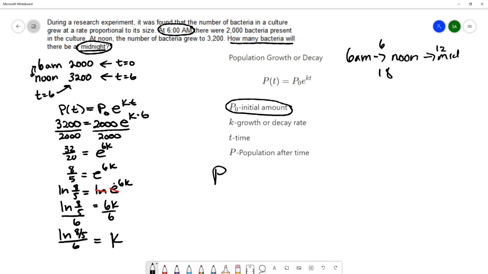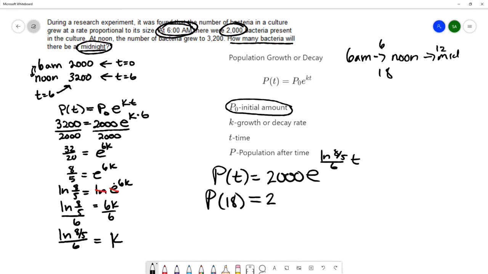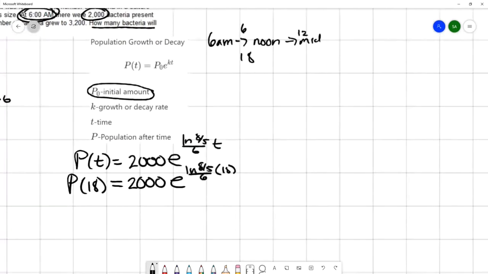So my P of t will start at 2,000 at 6 a.m. I've got the k, the growth rate, natural log of 8/5 over 6, and then my time. So I can plug in a time of 18 to answer this question. So I'm going to type this value into the calculator.